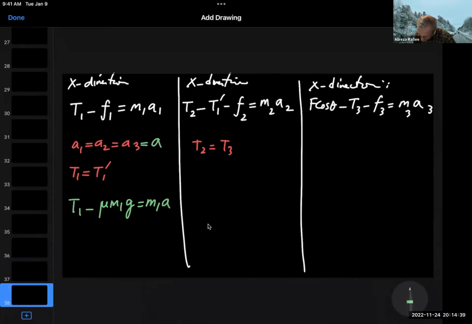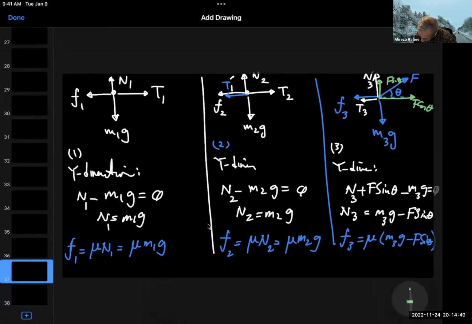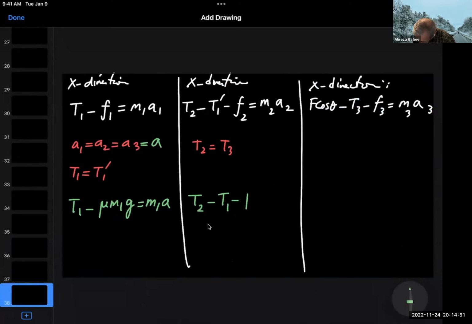And then we have T2 minus T prime 1, which is T1, minus f2, which is mu m2g, equal to m2a.